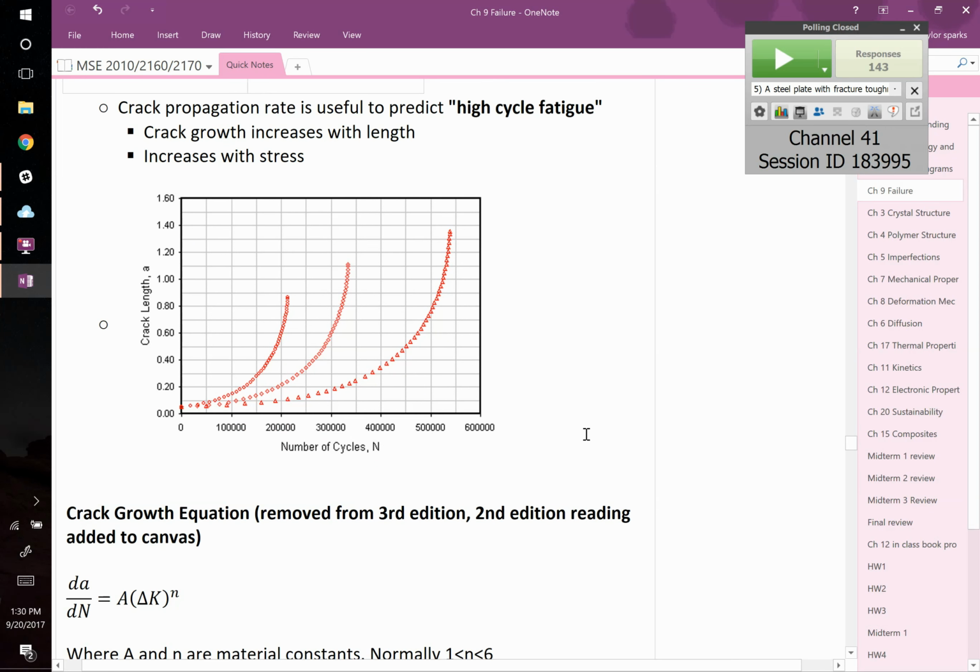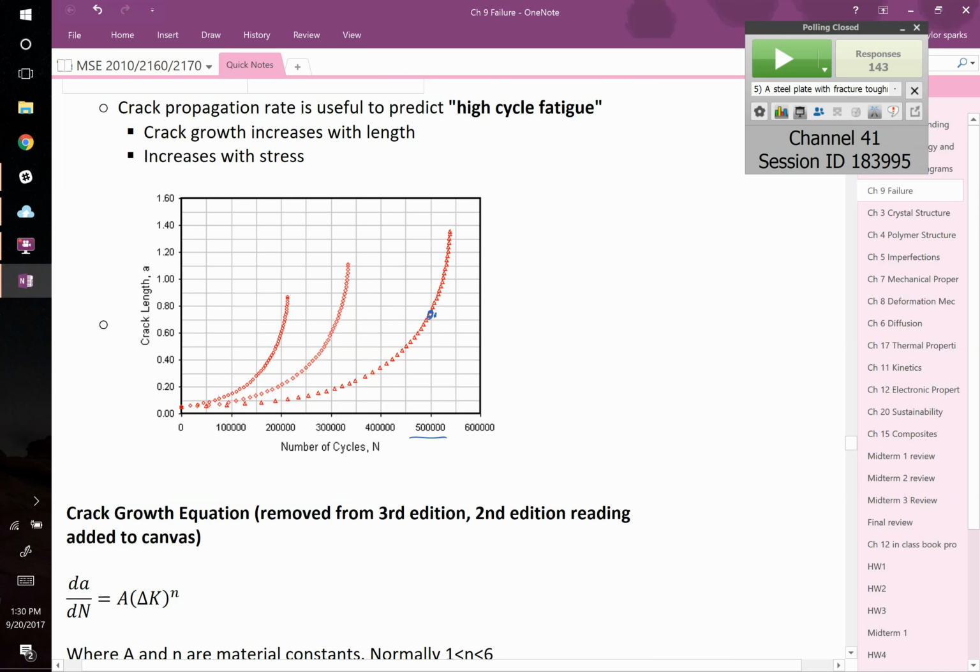So here's a plot of crack length versus number of cycles for 3 different stresses. Which one corresponds to which? Which one's your highest stress? Farthest to the right? Well, think about that. For 500,000 cycles, you grew your crack to here, but in this case, after 500 cycles, you would have grown to infinite. It's not even on the plot.